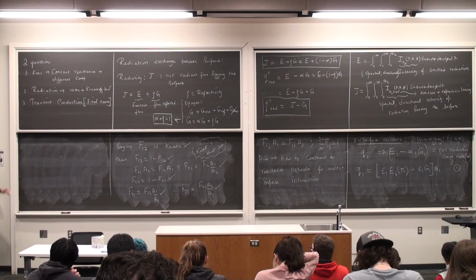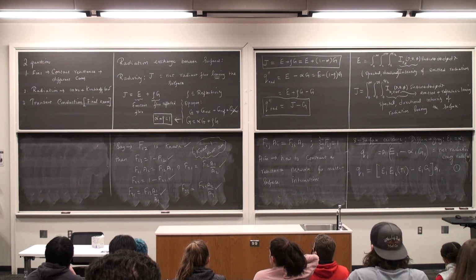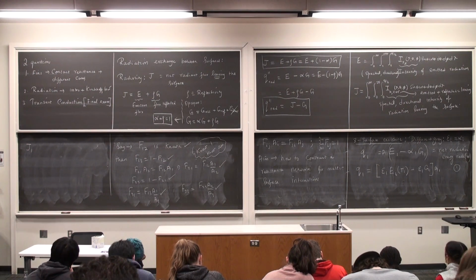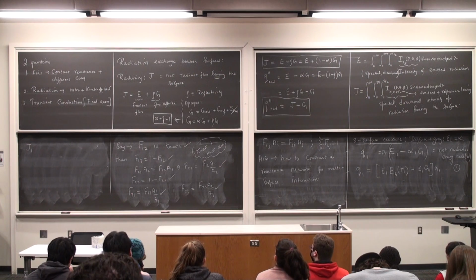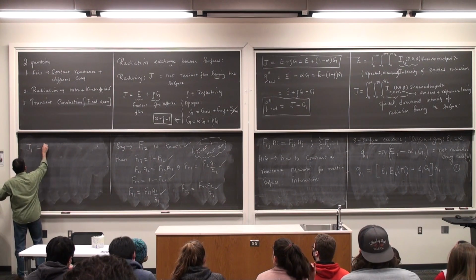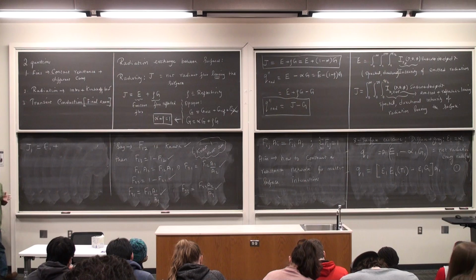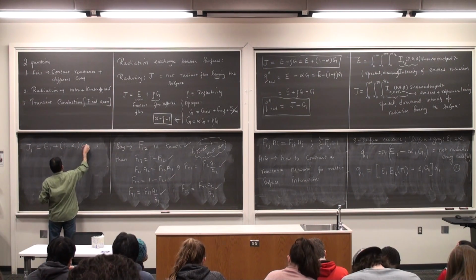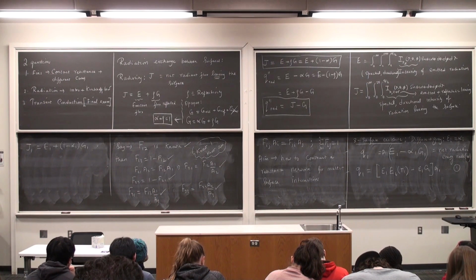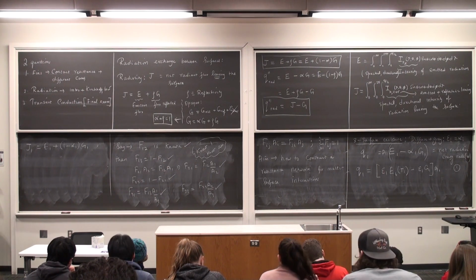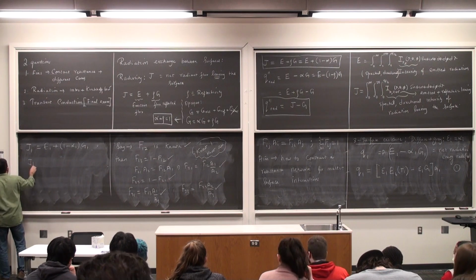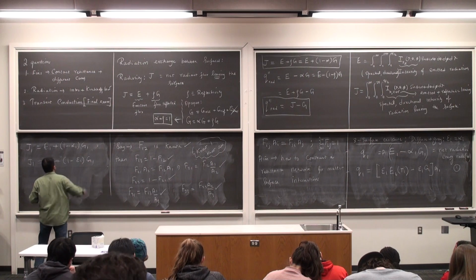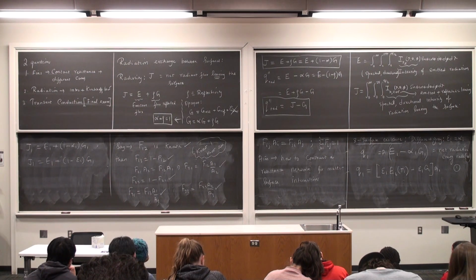I'm going to invoke the definition of radiosity. Look at that there. So J1, the first equation written there in that panel, is E1 plus rho 1 times G1. But reflectivity is 1 minus absorptivity, so this is E1 plus 1 minus alpha 1 times G1. But alpha 1 is the same as epsilon 1 because it's a diffuse gray surface, so that J1 is E1 plus 1 minus epsilon 1 G1.